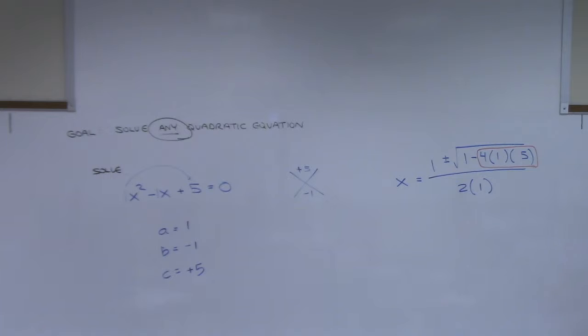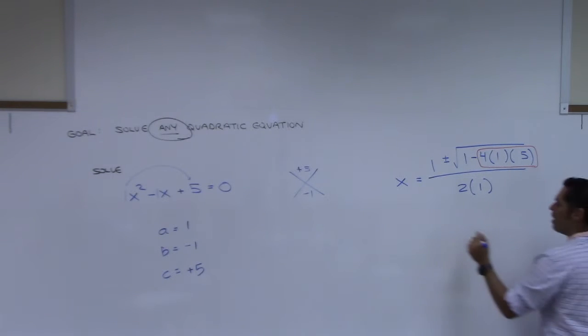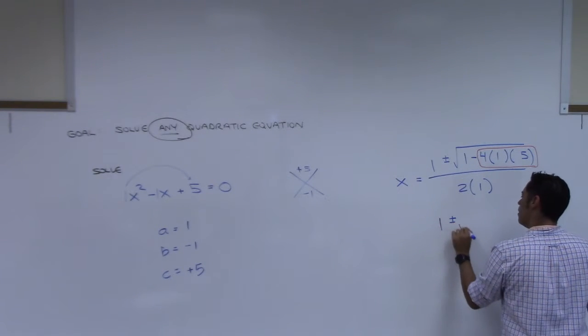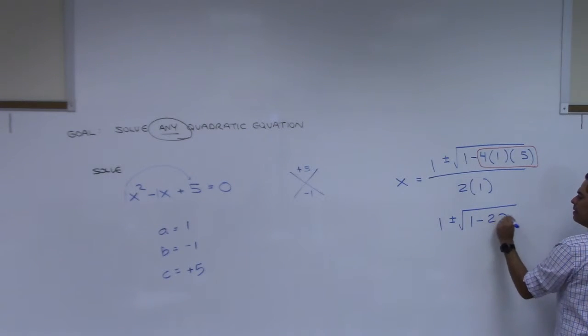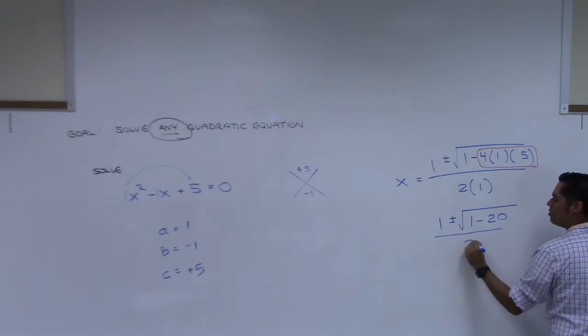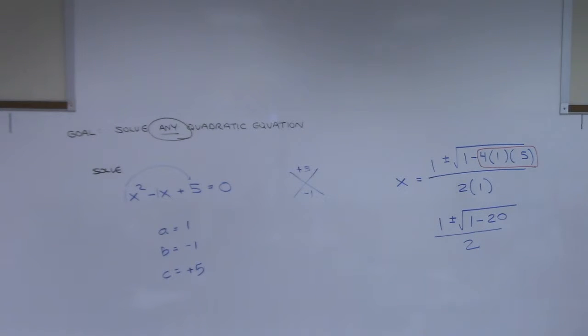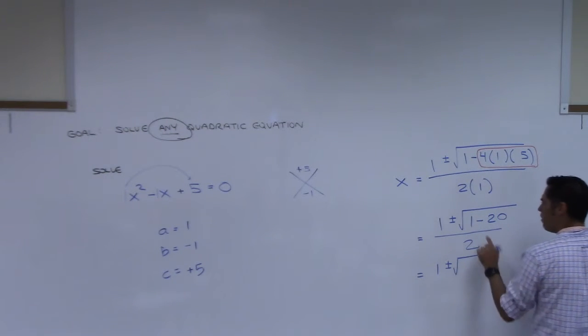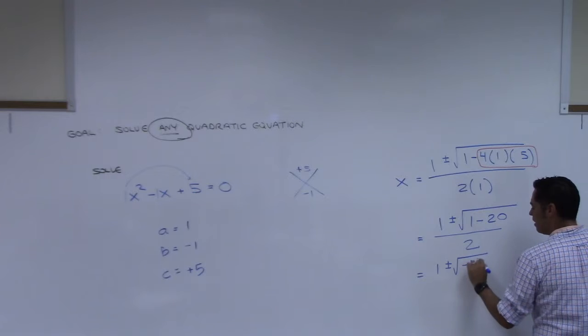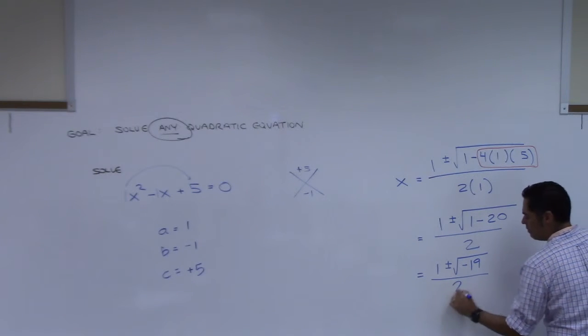You get 20. So I'm going to have 1 plus or minus the square root of 1 minus 20, all over 2. And that's going to be 1 plus or minus the square root of 1 take away 20, which is -19. Uh-oh.